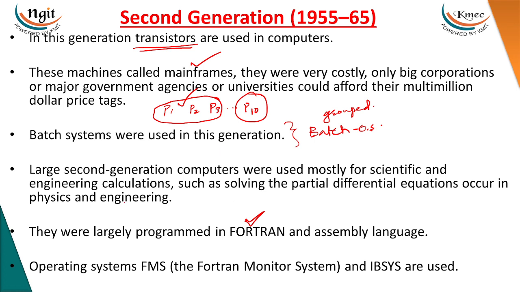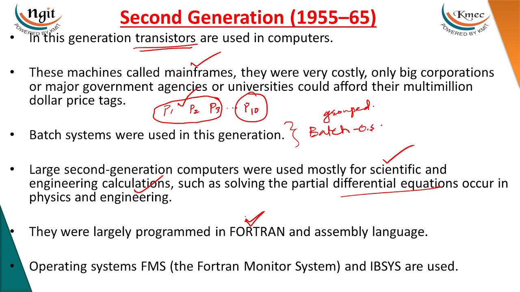Okay. The second generation computers were used mostly for scientific and engineering calculations. Here the scope is extended to scientific and engineering calculations. Not only sines, cosines and trigonometric values and angles, here we are using partial differential equations and integral equations that occur in physics and engineering departments.